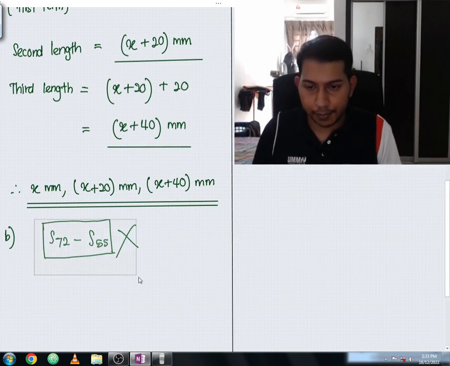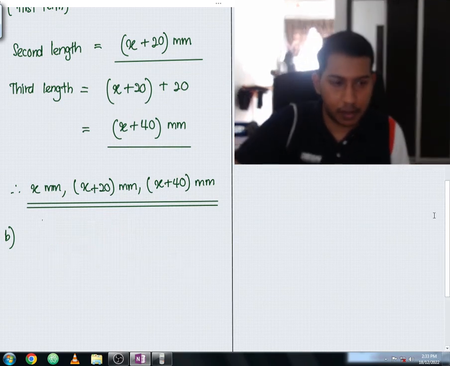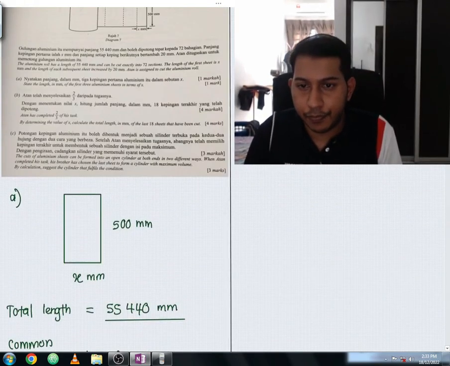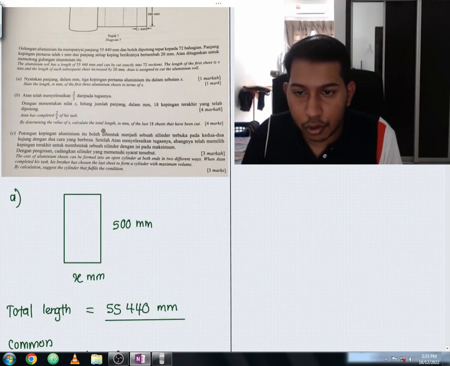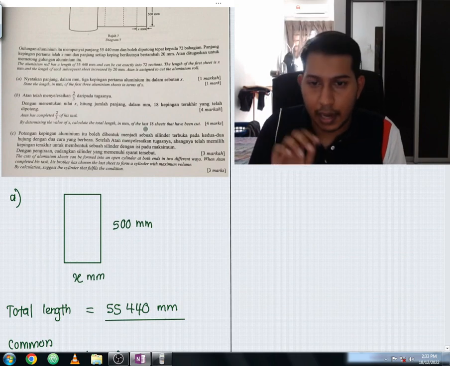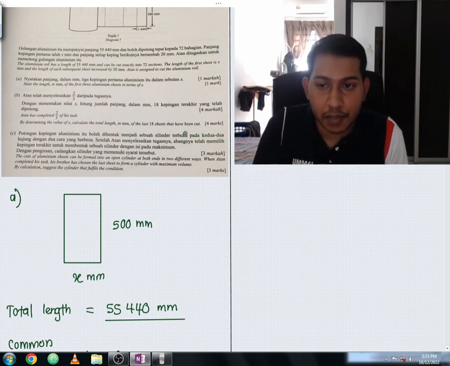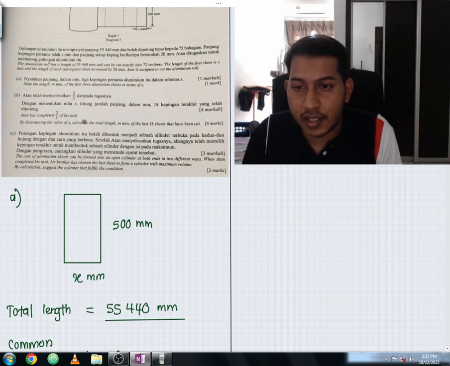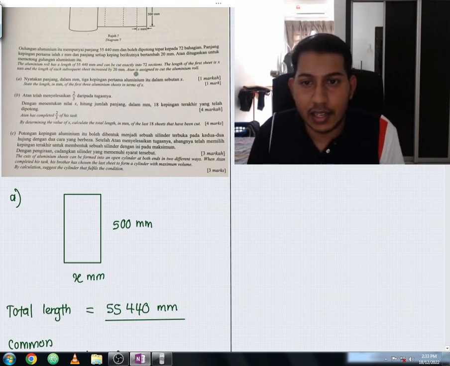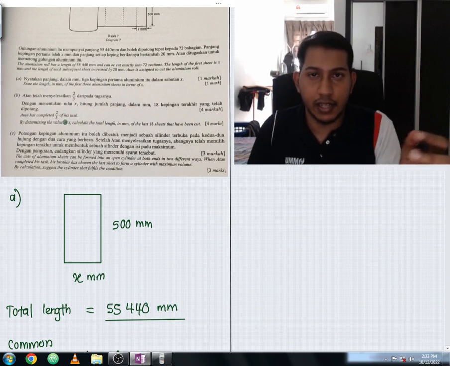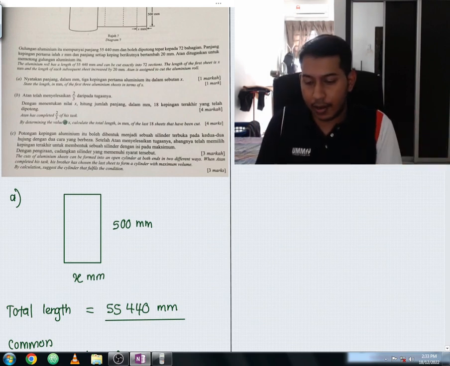You know why? Because they only mention here total length of the last 18 sheets that have been cut. How many have been cut? 2/3 of his task. What is his task? He needs to cut into 72 sections. 2/3 of 72 is, okay, that you need to calculate.